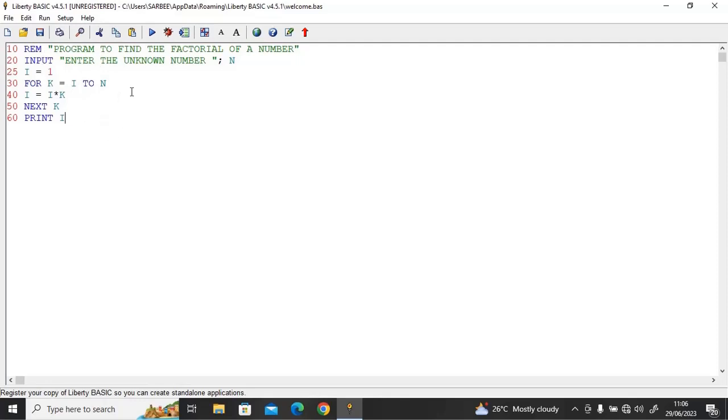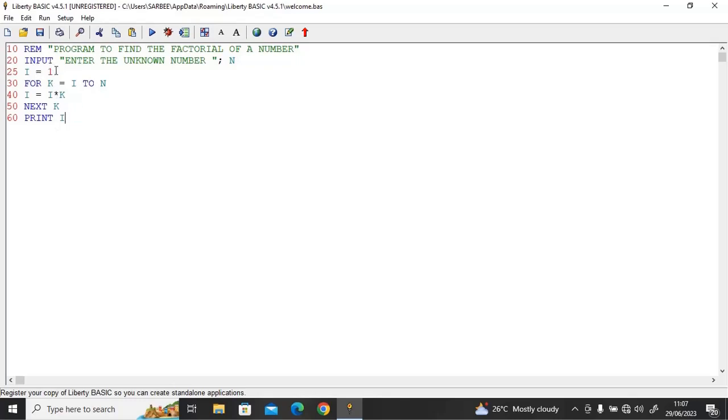Then next one, after 6, from 1 to 6, we have 5. That is 1 times 6, 5 times 1 is 5. Then 4, 3, 2, and 1. That's how it goes. So we're multiplying 1 to it, 1 to it, 1 to it, 1 to it to get the final answer. That's how it works here.